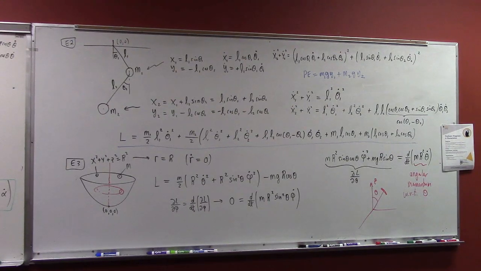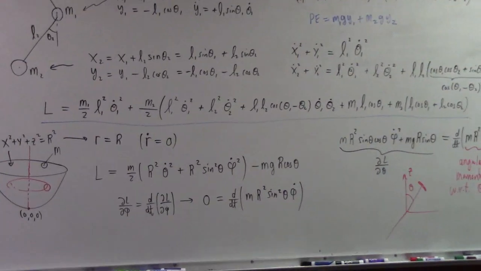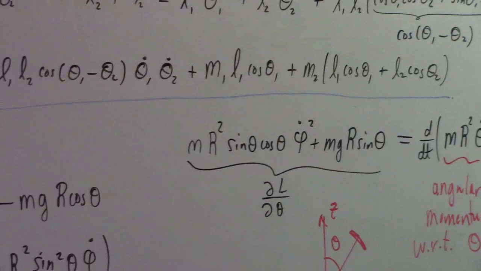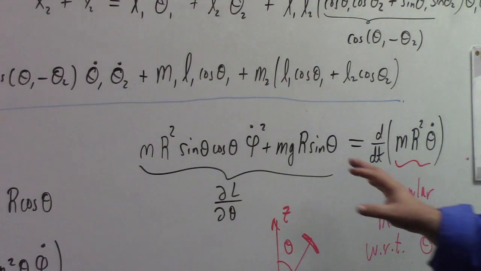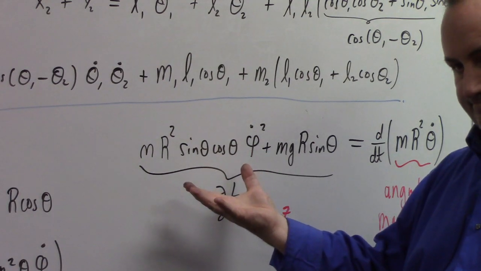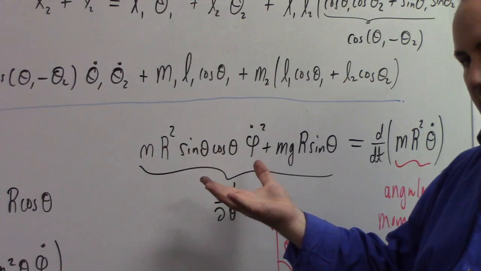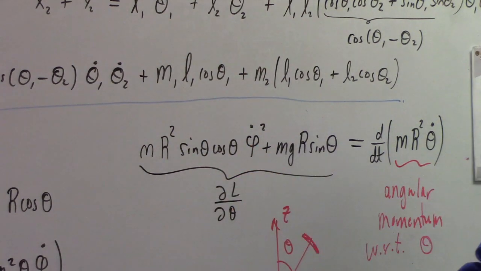We're talking about a bead that's sliding freely on a bowl of radius r. So that has to figure into the story. And so what that term there is, I believe, this piece right here is coming from the fact that it's on the bowl, the shape of the bowl. This is from the normal force of the bowl on the ball.